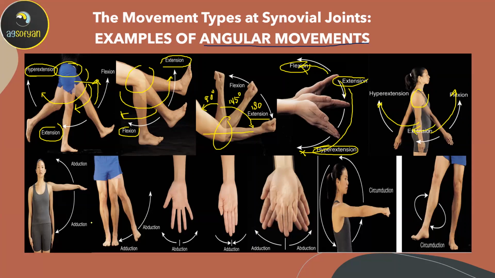This is abduction and adduction. Remember, abduction means away. This is the midline, our body. Away from the midline is called abduction. Moving toward the midline is what we call adduction. The same thing with our hip. We can also perform abduction, away, or adduction, toward the midline.